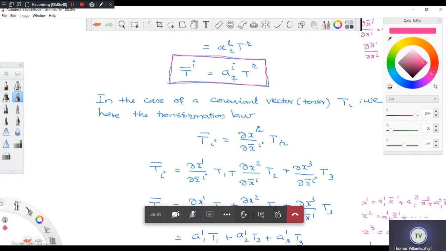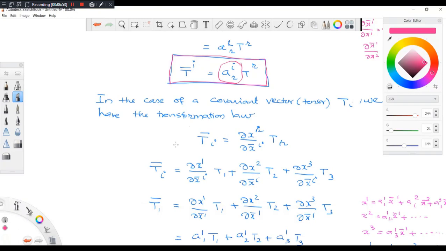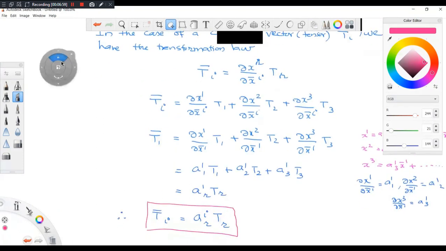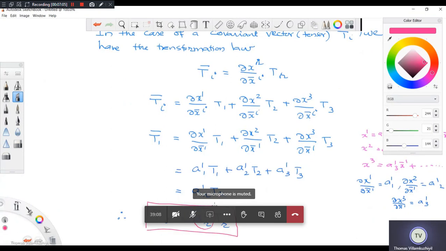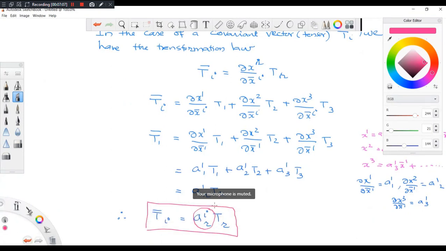Look at the form of this one, AIR, and here also you are getting the same thing, AIR. So that is why the components are unaltered.